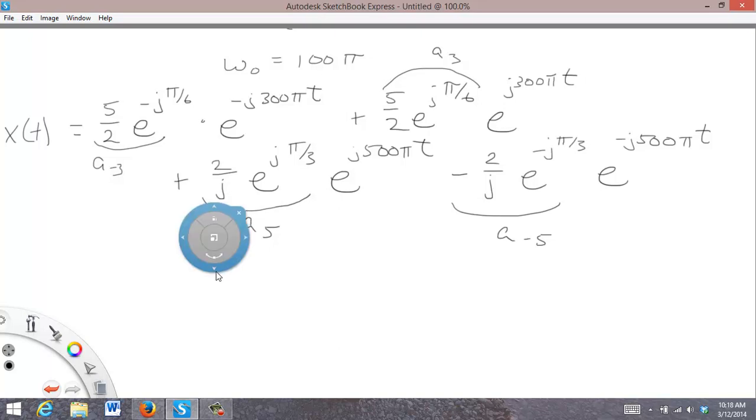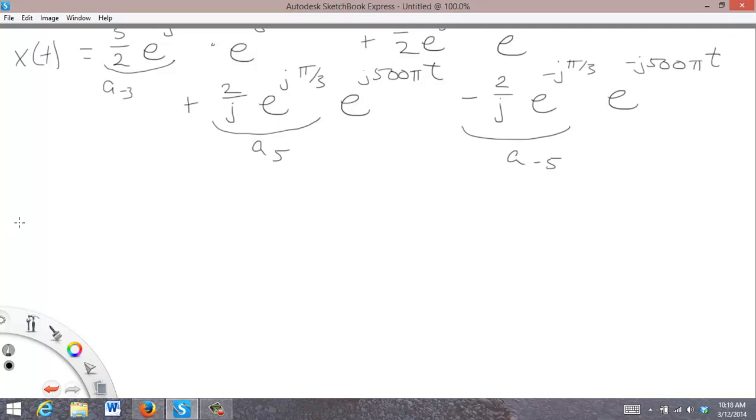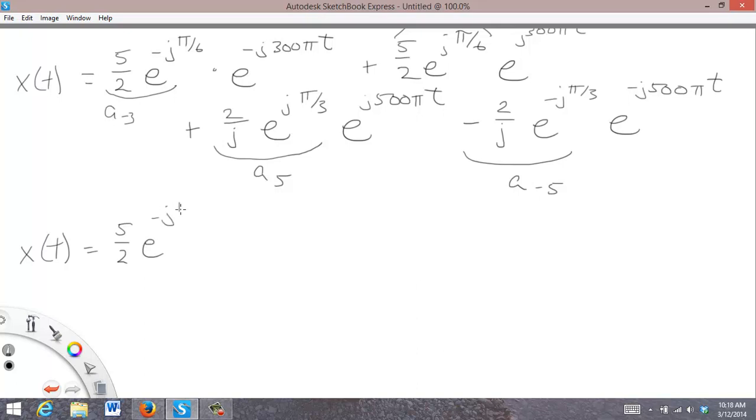And if I do that, I end up with, I'll rewrite the whole thing, x of t equals 5 halves e to the minus j pi over 6 times e to the minus j 3 times 100 pi t, so this is k, and this is omega naught, the minus is part of the k, plus 5 halves e to the positive j pi over 6 e to the positive j 3 times 100 pi t.